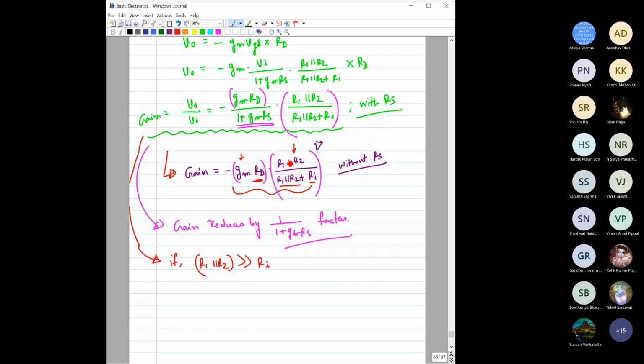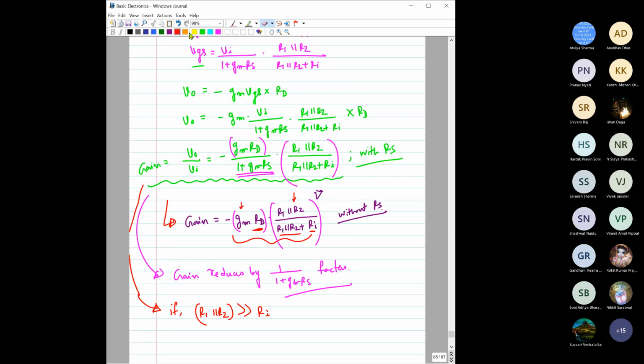Then in the numerator we have R1 parallel R2, and in the denominator R1 parallel R2, so this term becomes 1, right? Oh sorry, this is without RS, we are not doing this here. We should consider this one. So R1 parallel R2 is much higher than Ri, so obviously this term can be considered as 1, right? Okay, so that is done.